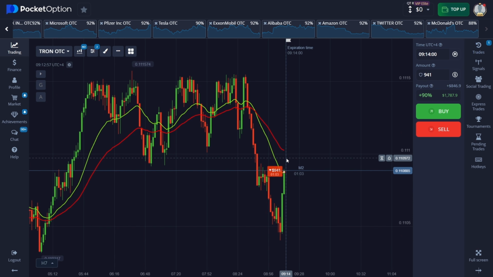As you can see, when I placed the trade, there was only 1 minute left, and my trade was set for 1 minute as well, even though I'm using the M2 time frame.